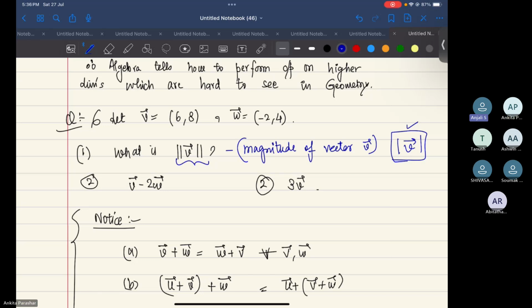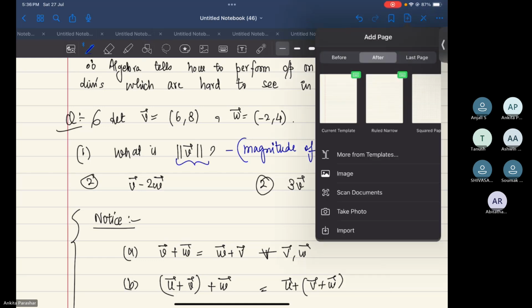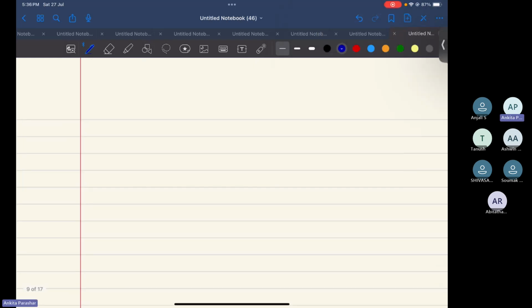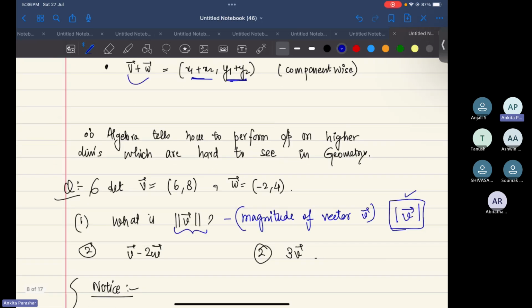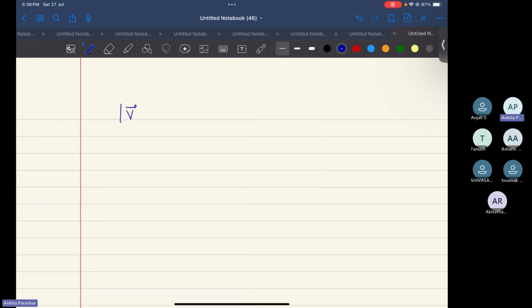Magnitude 10. Okay, right, magnitude is 10. All of you are getting 10? Can you tell me how you did it, what exactly you did to compute the magnitude of v where v is 6, 8?